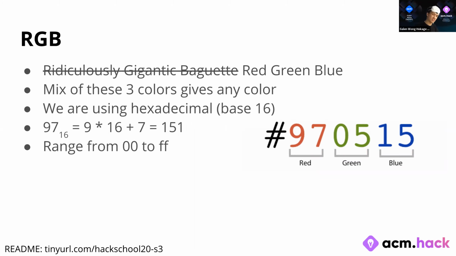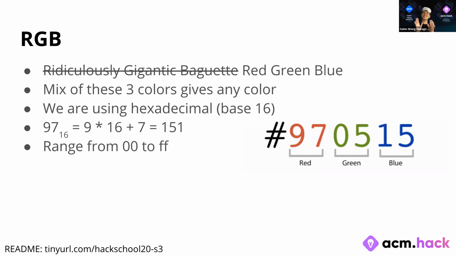And the range that you can get is, well, you can get 0, like you don't want red in your color at all, or you can get all the red. That means FF. So if you do the math, FF in base 16 is 255. So the amount of red, green, and blue determines the color of the mixture, right?